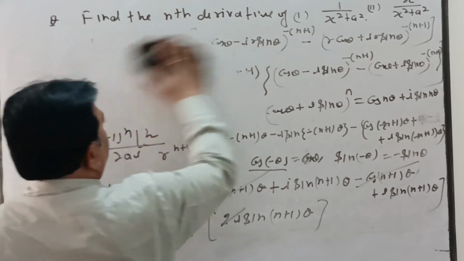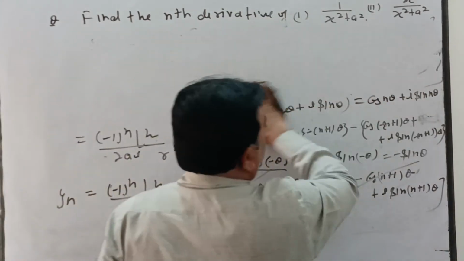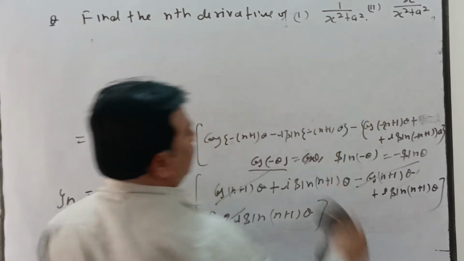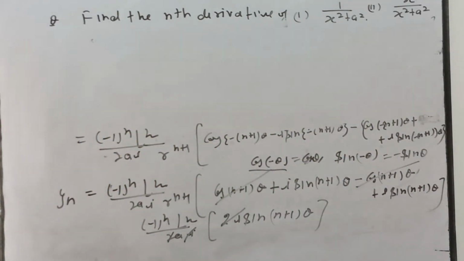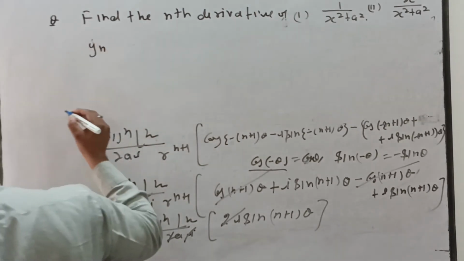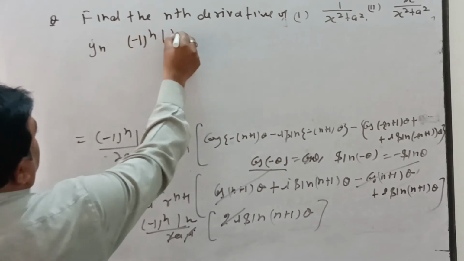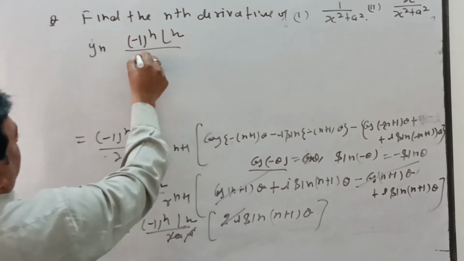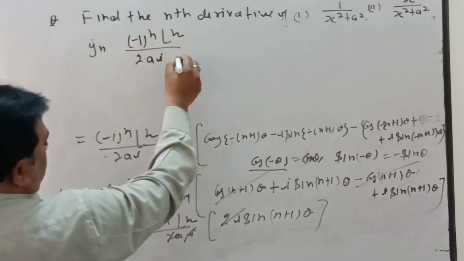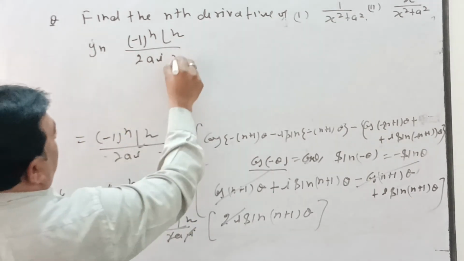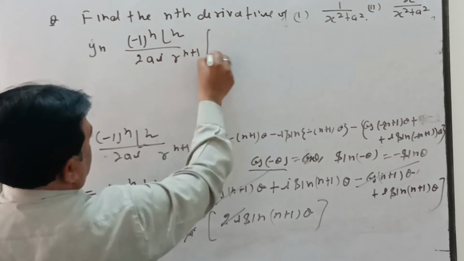Now again, a most important question for your exams. So the remaining value of this, yn equals (-1)^n n! divided by 2ai, or r to the power n+1.